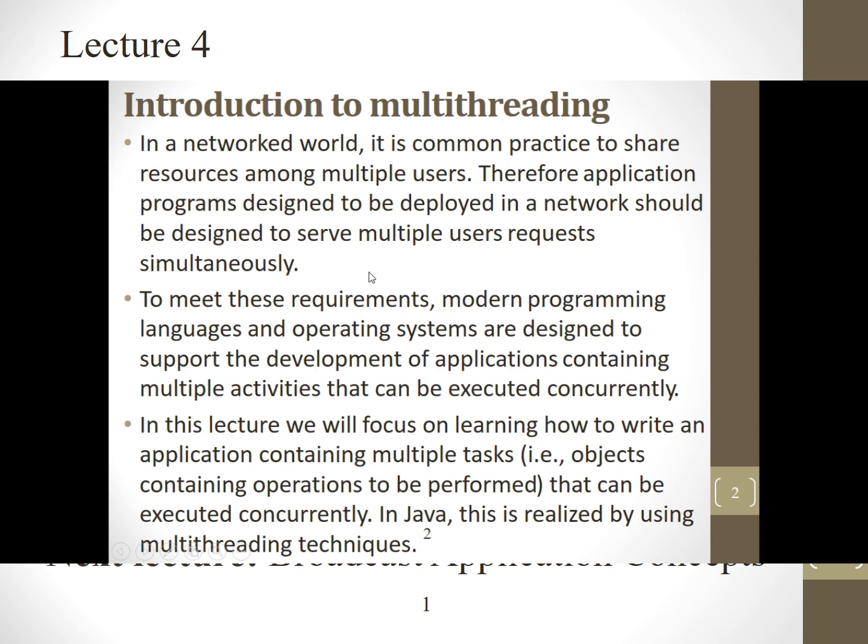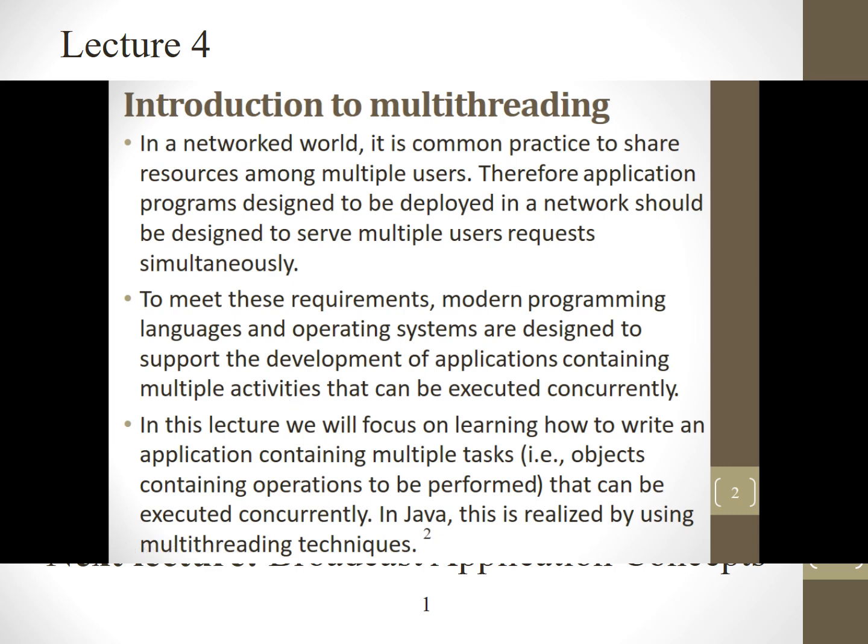So to meet these requirements in today's modern programming languages and operating systems, these operating systems and the languages are designed to support the development of applications that contain multiple activities, and thus these can be executed concurrently.